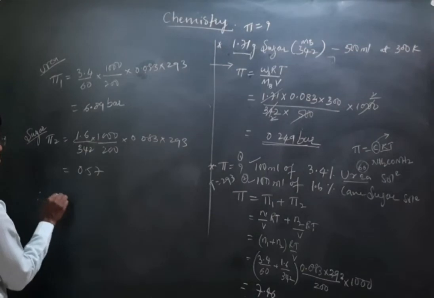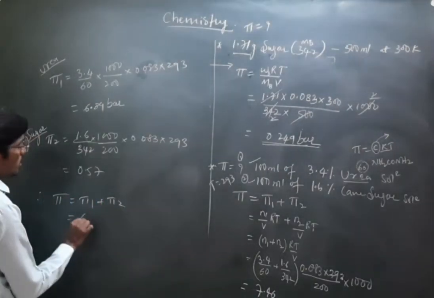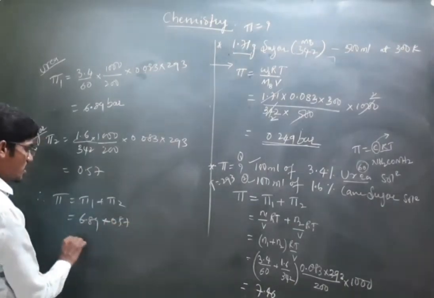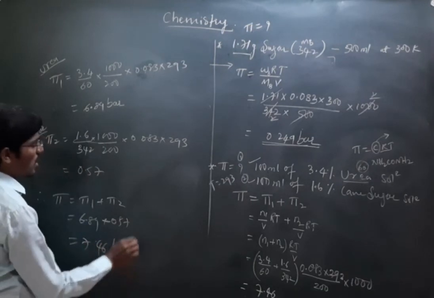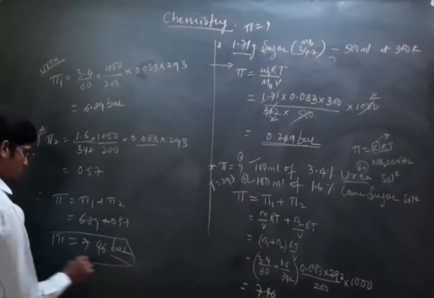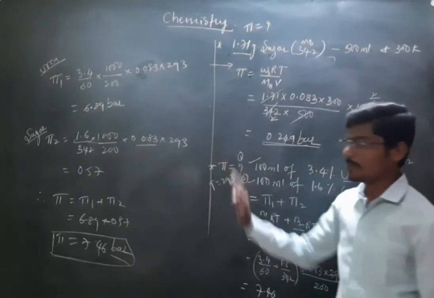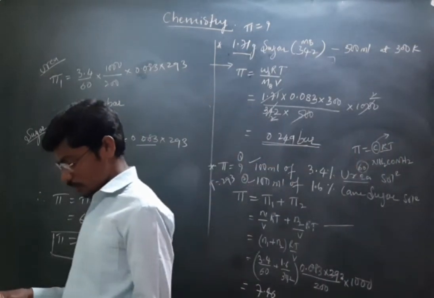Therefore the total osmotic pressure is pi 1 plus pi 2, which is 6.89 plus 0.57, that is 7.46. The unit is bar because we have used 0.083. Either you can use the direct method or the separate method. Right. Take one more problem.